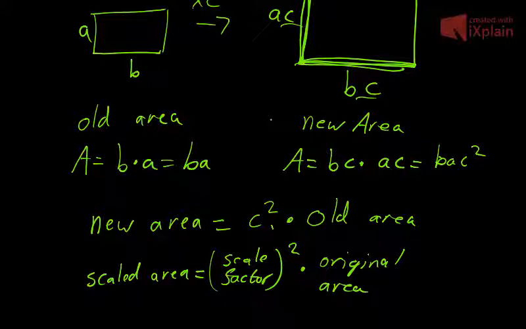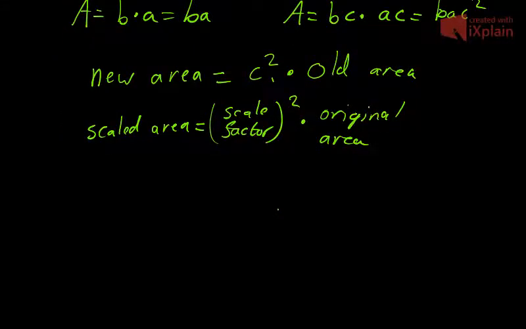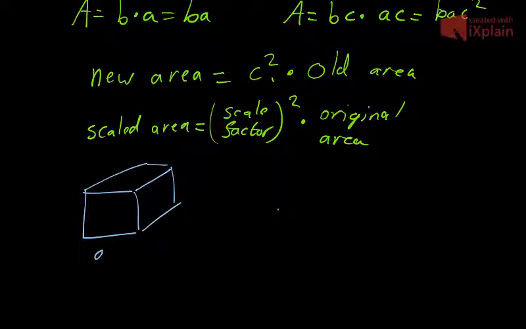And we've got one more I said we'd get to, which is volume. So volume, squares don't have volume, they just have area. So to do that, I'm going to need to draw a cube, or a rectangular prism at least. And we're going to say that the sides here are going to be A, B, and D is the depth. I'm going to use D as the depth, just so I can use C as my scale factor still.